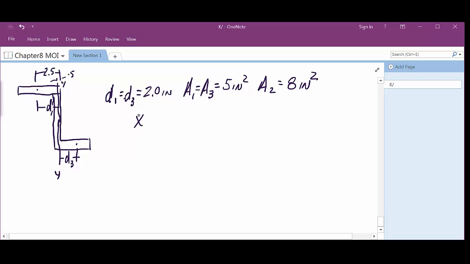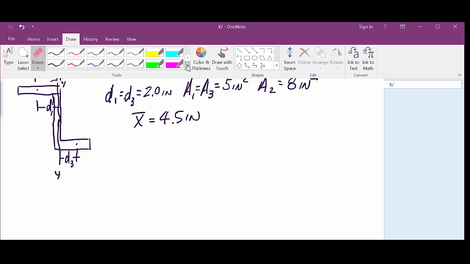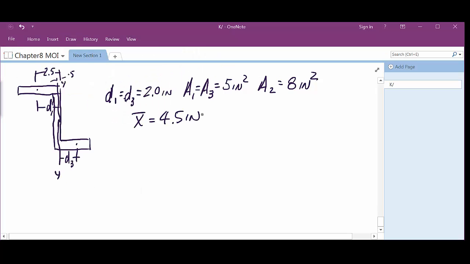We said X bar was 4.5 inches. And we said that D1 and D3 equal 2 inches. D2 equals 0, because it's right through the axis.